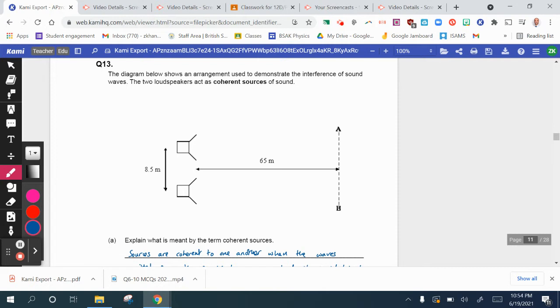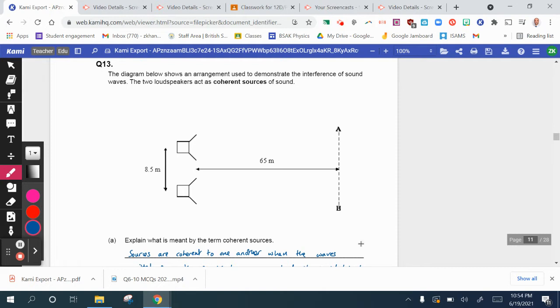And we have sound spreading out in this direction, and in this direction, and the waves will interfere with one another. And we know from our notes that they will interfere constructively and destructively.